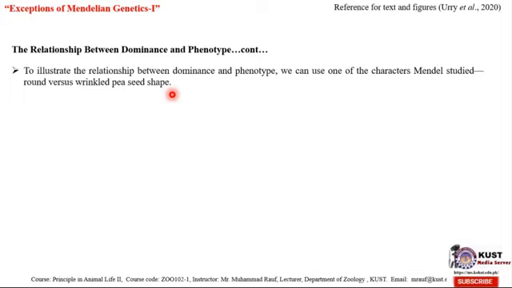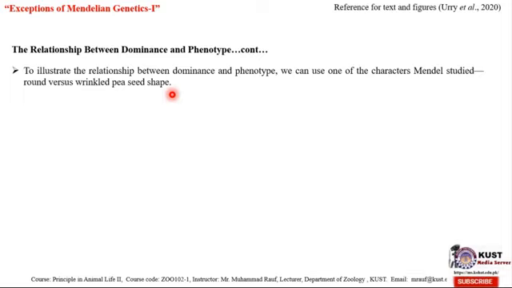What is the significance of that particular terminology? How does an allele which is termed dominant control the phenotype to a different degree as compared to the allele which is designated as recessive?